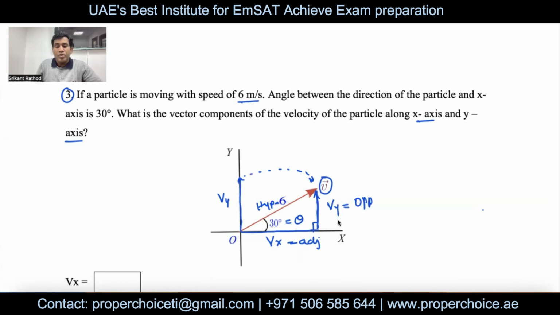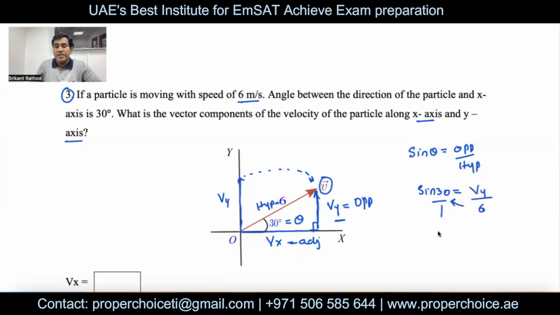If I'm solving for vy, which is opposite, the angle is known and the hypotenuse is known, so I use sine of angle theta equals opposite by hypotenuse. In our case, the angle is 30, so sine 30° equals vy over the hypotenuse, which is 6.